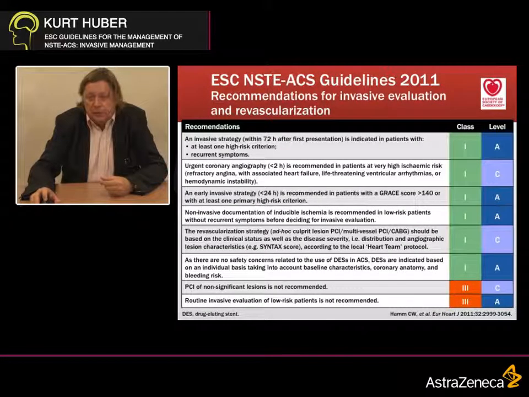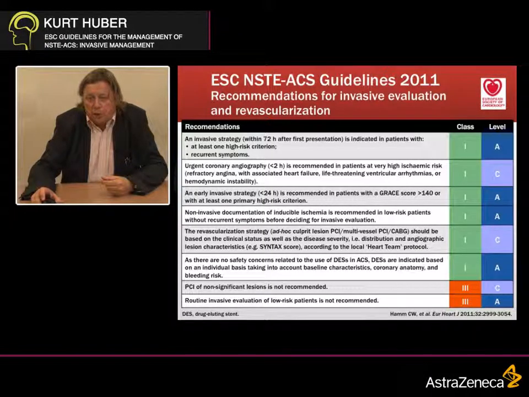Now, what do the guidelines say? And please remember the recommendations and levels of evidence. The guidelines tell us that an invasive strategy within 72 hours after first presentation is indicated in patients with at least one high-risk criterion and recurrent symptoms. So this is a 1A classification.